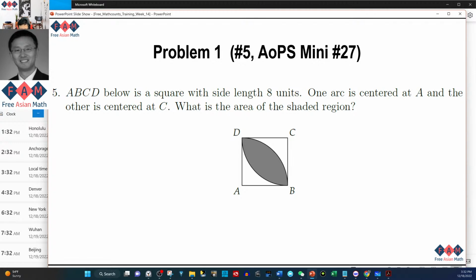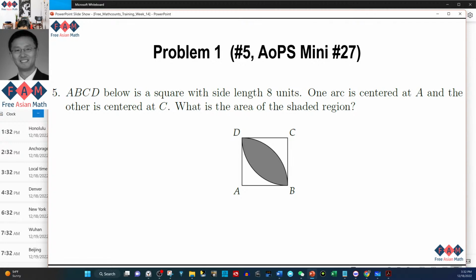Someone like the folks at the AOPS, Art of Problem Solving, they call this funky area problems. So this is one of the favorite problems that the Mathcounts or AMC8 organizers like to put into the exam.